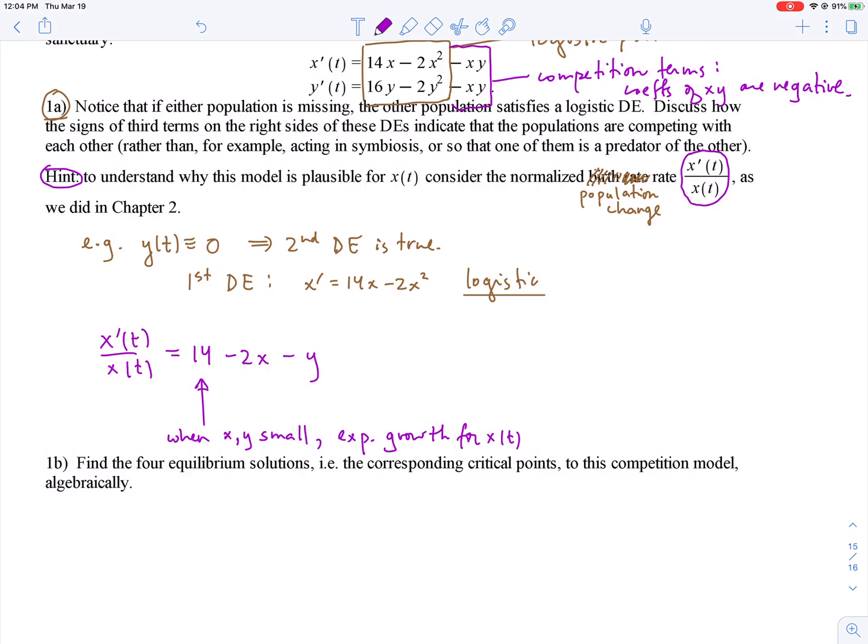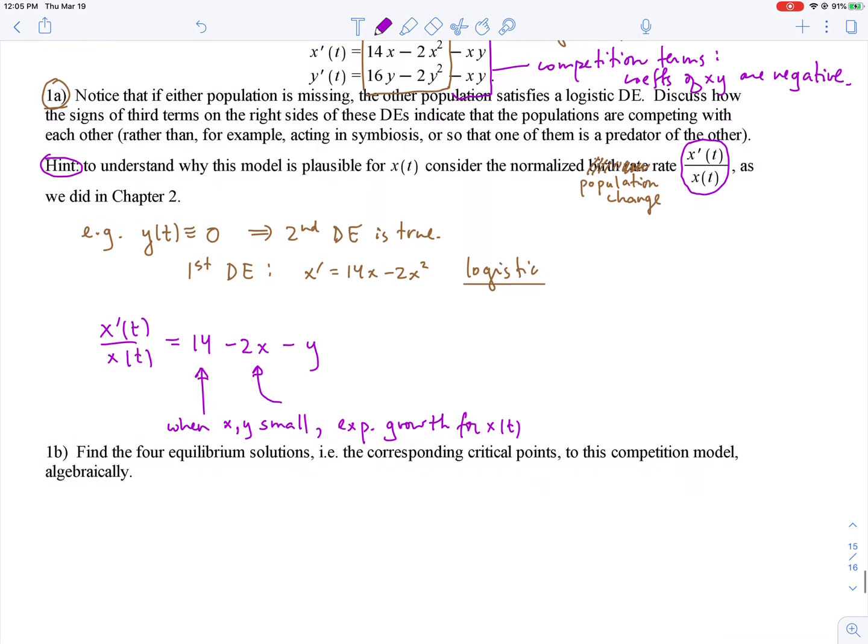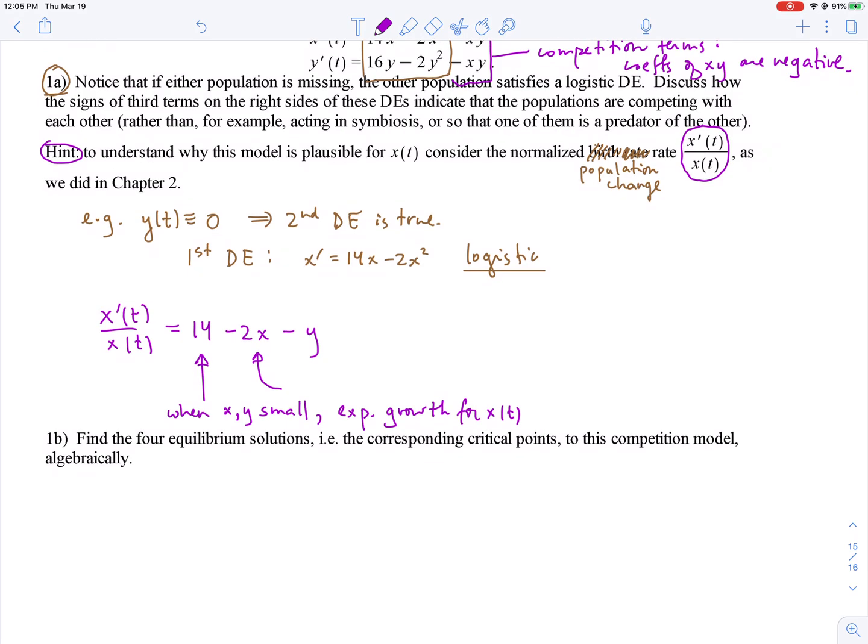there could be competition for resources, for example, or more fighting, or whatever. So this is a competition term for how fast x of t is growing, which will inhibit the population growth.